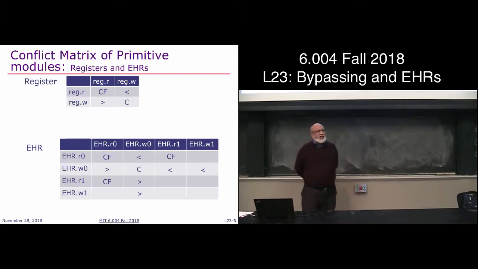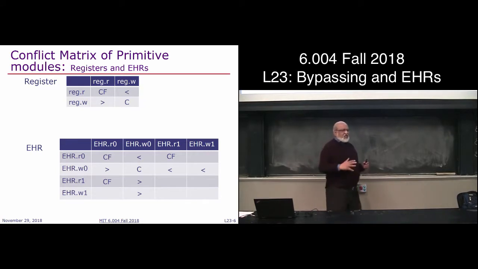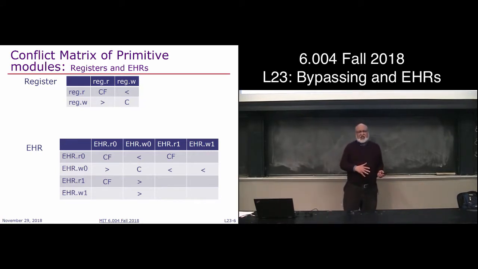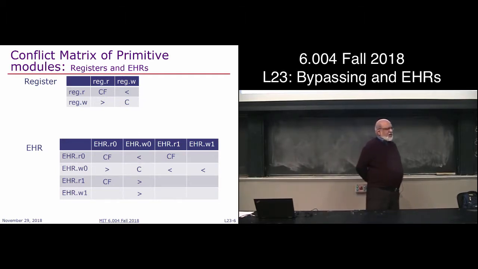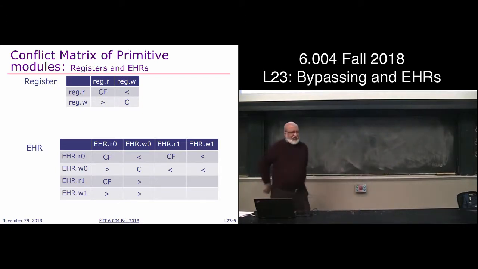Now, what about R0 and W1? You are reading R0 and somebody is writing in W1. It'll be a less-than sign, because you will see the new value that's being written only in the next cycle.